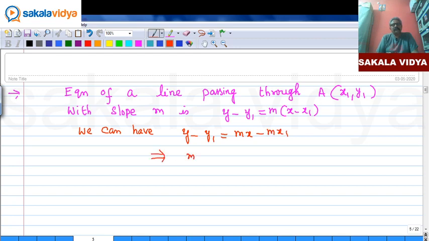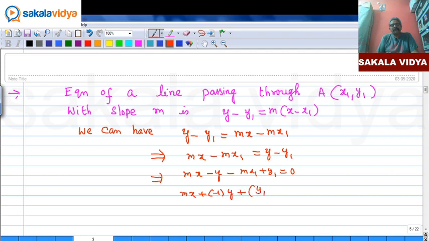Bring this side, mx minus y minus mx1 plus y1 equals 0. So, this can be rewritten as mx plus minus 1 into y plus (y1 minus mx1) is equal to 0. You do one thing, in the place of m replace a, in the place of minus 1 b, in the place of this constant c, equal to 0.